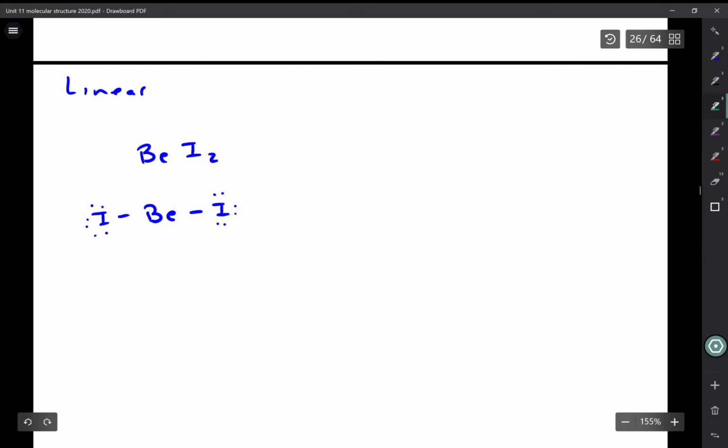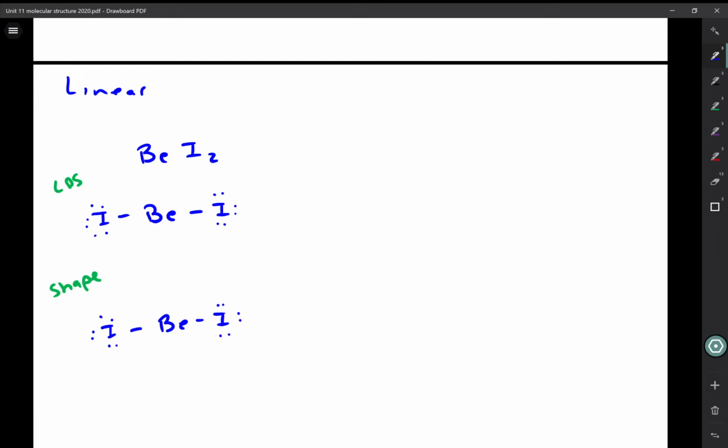So that's our Lewis dot structure for this. Now, coincidentally, or not, to sketch the shape of the molecule, it's really exactly like the Lewis dot structure. Just like that. So that's the shape. That's the linear shape. They look exactly the same.